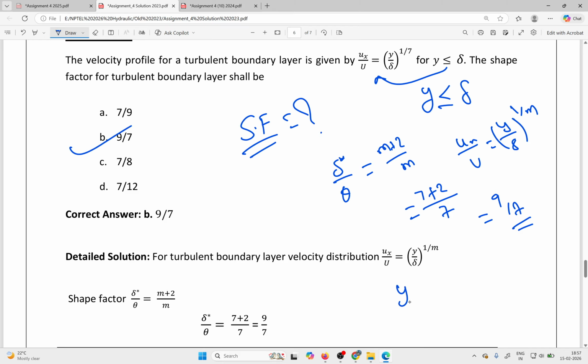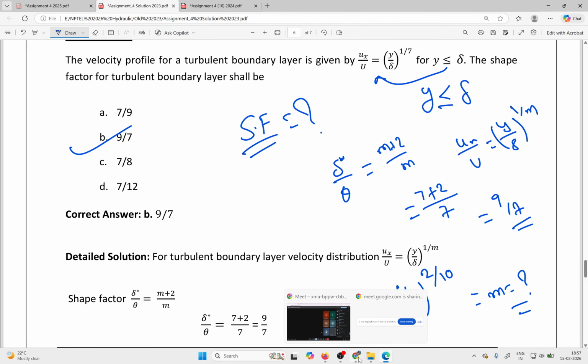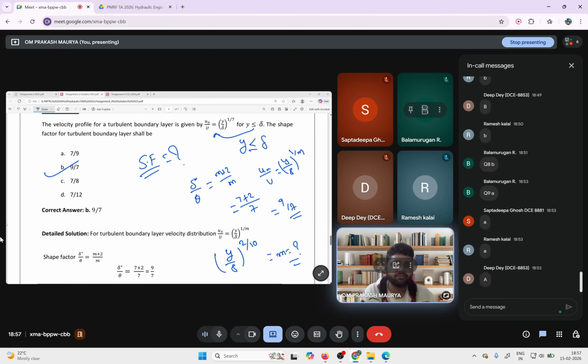If your velocity profile y by delta was, let us suppose, to the power 2 by 10, what will be the value of m here? I need the answer from your side, please.